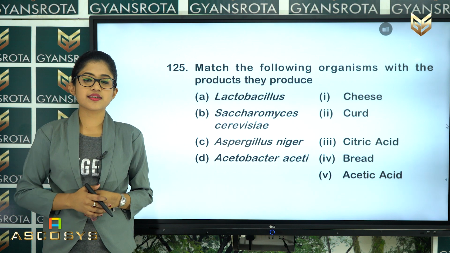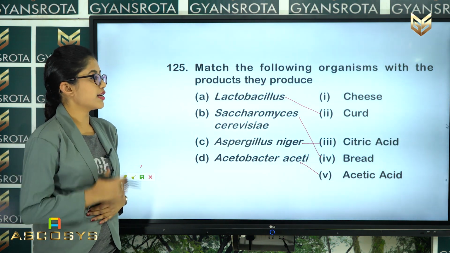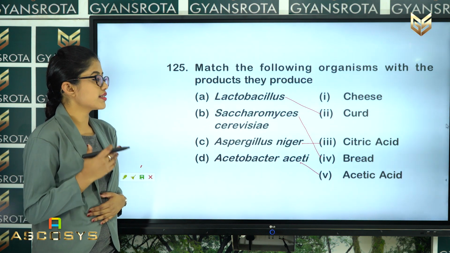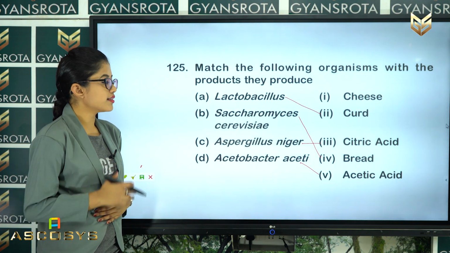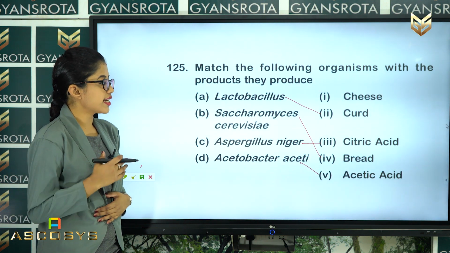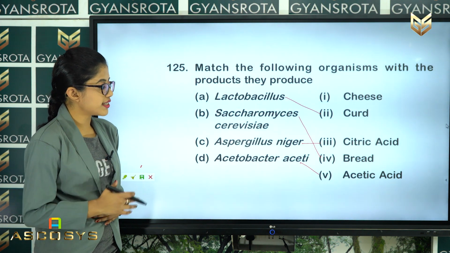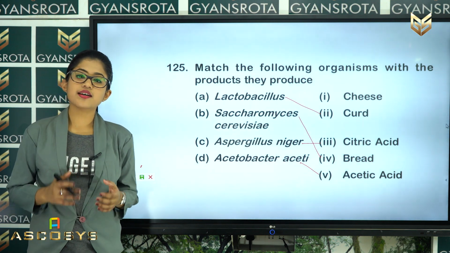So, let us see the answer. Lactobacillus produces curd. Saccharomyces cerevisiae is the yeast which is used in making bread. Aspergillus niger produces citric acid, and Acetobacter aceti is the organism which produces acetic acid. So, this is the answer.